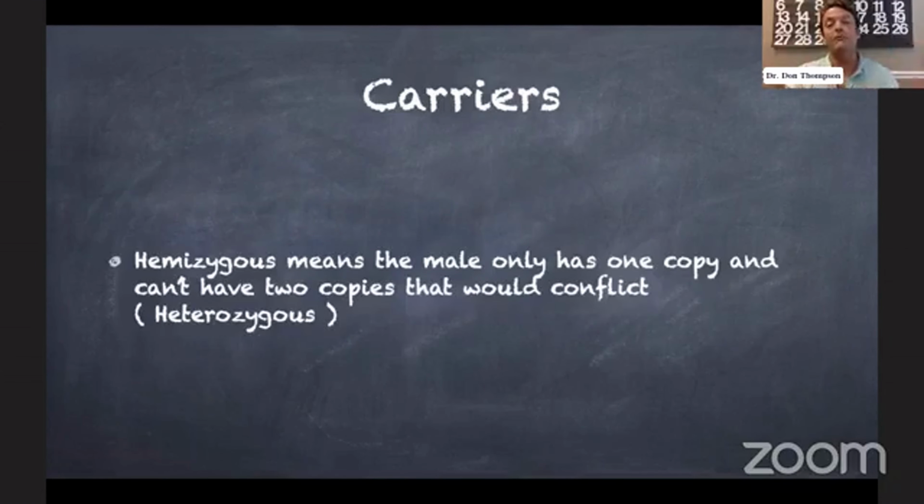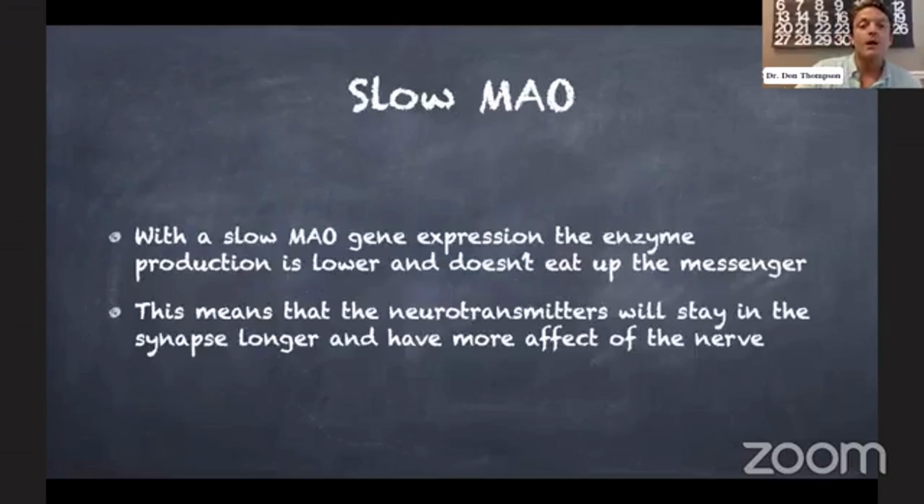Hemizygous means they only have one copy, so you can't have one that's raised and one that's lowered. You just have one copy. That's basically what that means. So if you have a slow monoamine oxidase, that means the gene expression, the gene that turns on the manufacturing process for this enzyme, the production is lower.